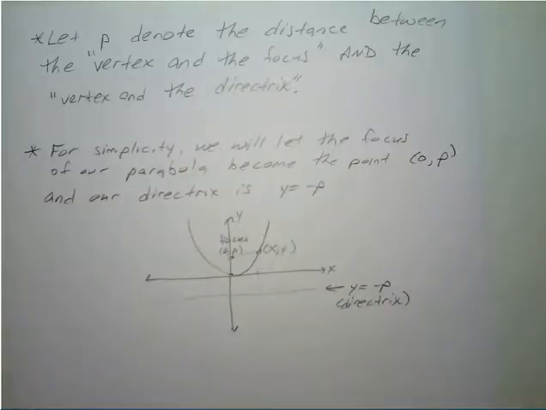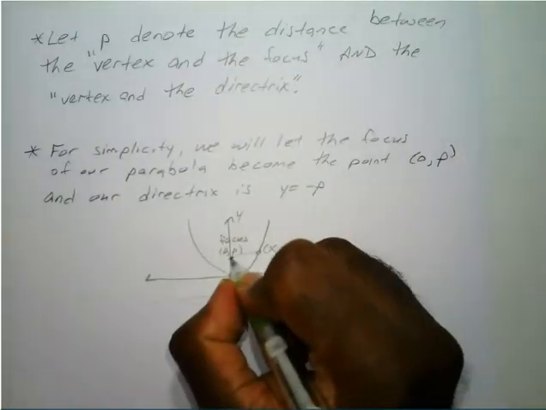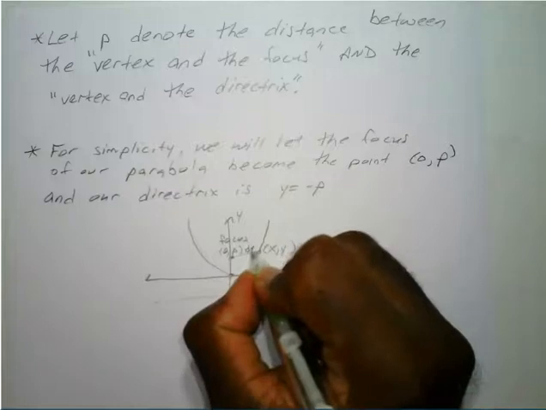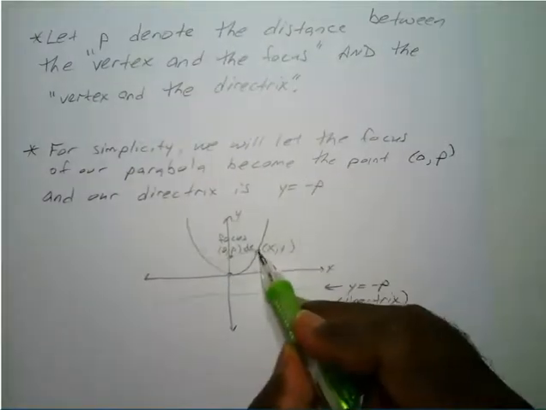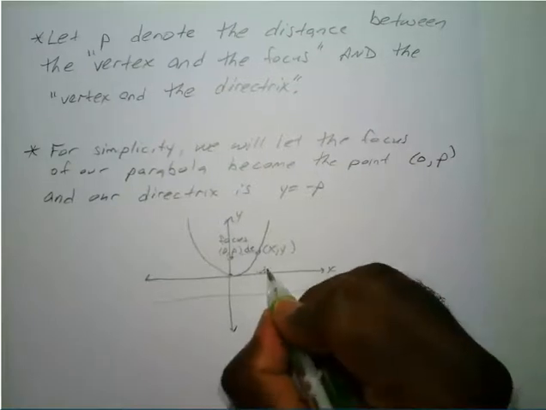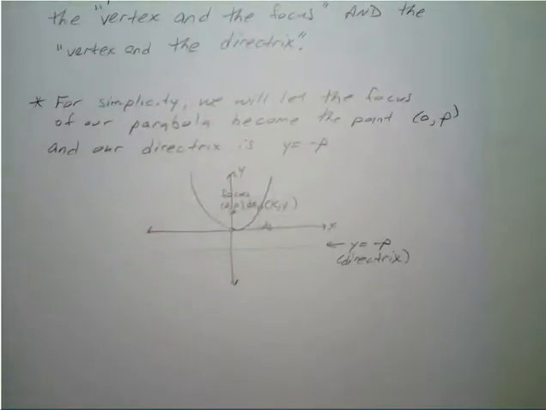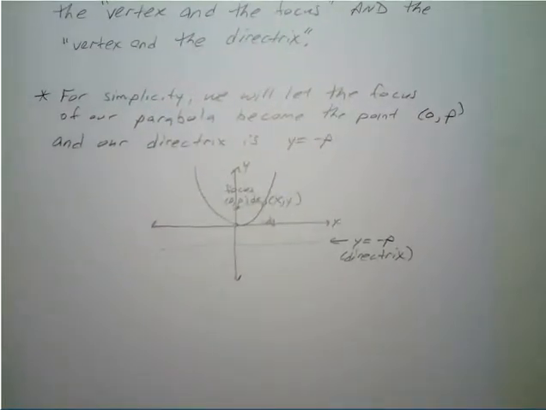It's just a point on our parabola. We know the distance from the focus to this point is d1, and the distance from this point to the directrix, we'll call d2. First, we want to find out what d1 and d2 are equal to.